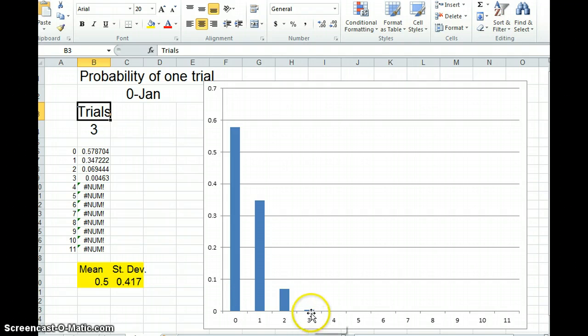Can you see that bar there? It's very, very slim.